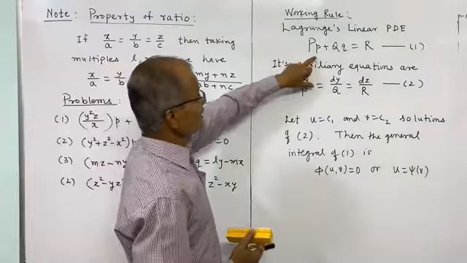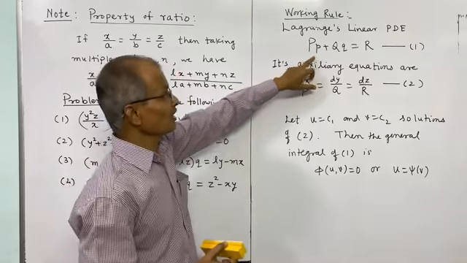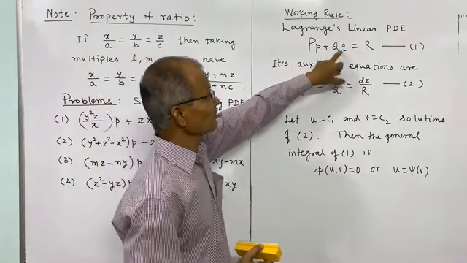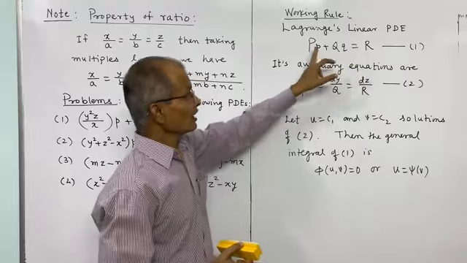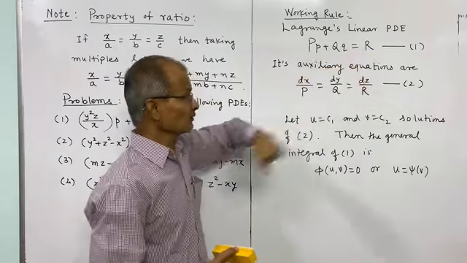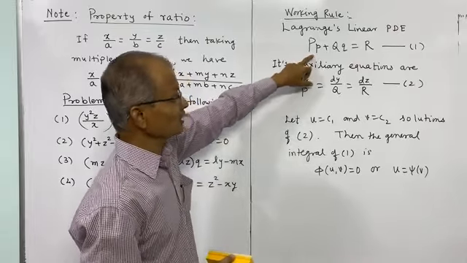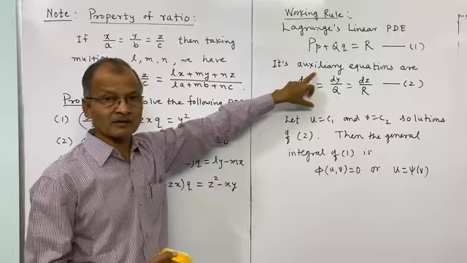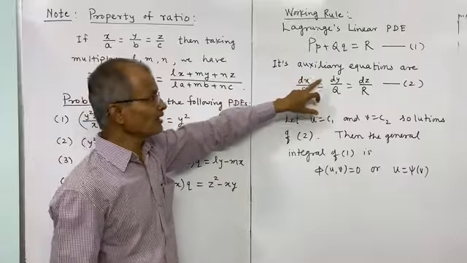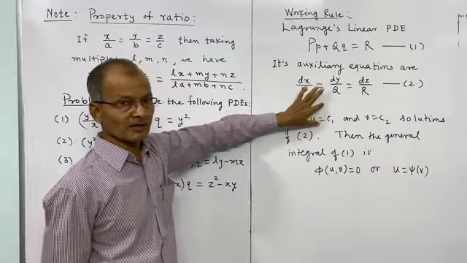This is the equation which is known as Lagrange's linear partial differential equation, capital P into small p plus capital Q into small q is equal to R, where capital P, Q and R are functions of x, y, z. Now, to solve this equation, we have to write its auxiliary equation. We have studied this method earlier.